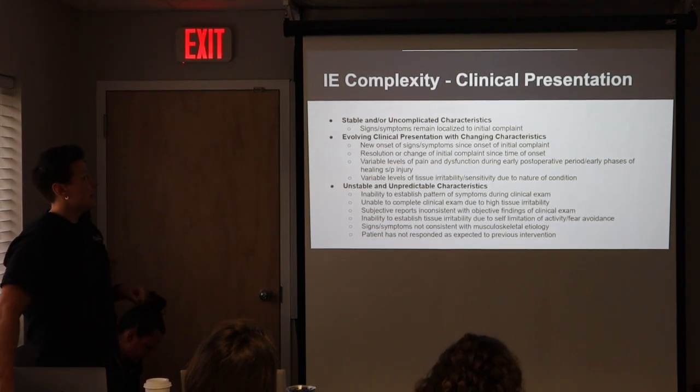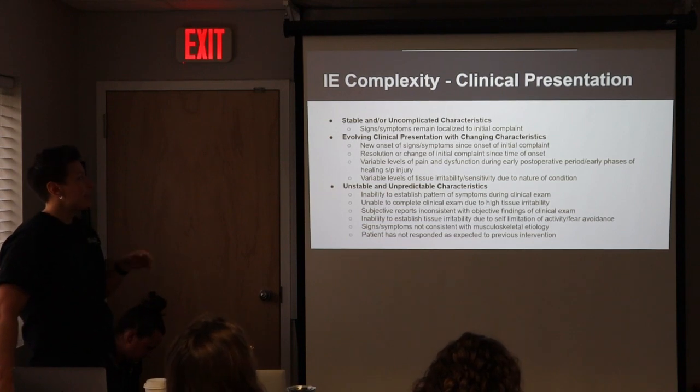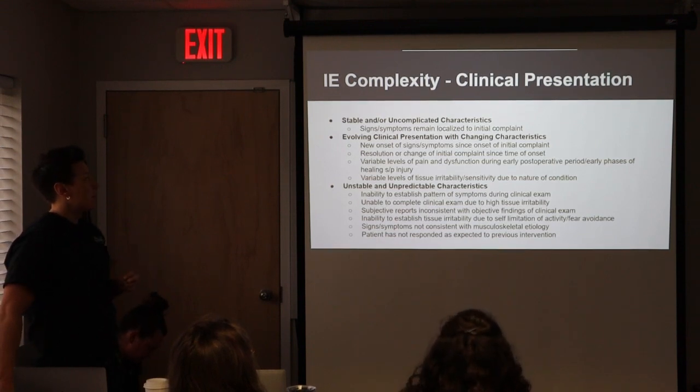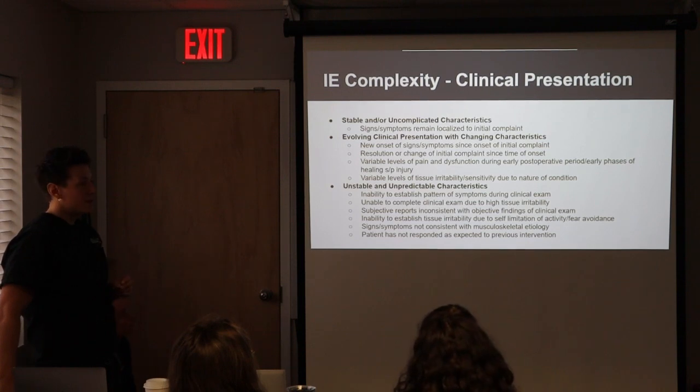So evolving would be that they started with an initial complaint and then they developed something new since the time of the initial complaint, but before they came to see you. Maybe their initial complaint resolved before they came to see you. They had surgery, so you expect their pain and dysfunction to vary.